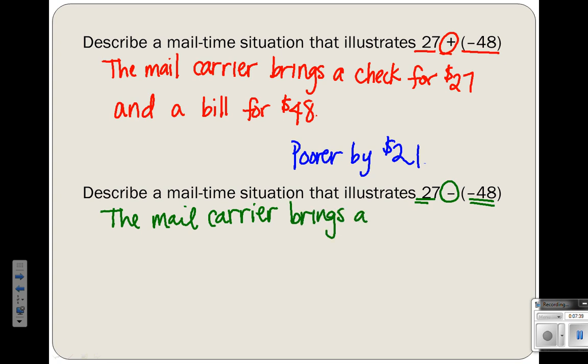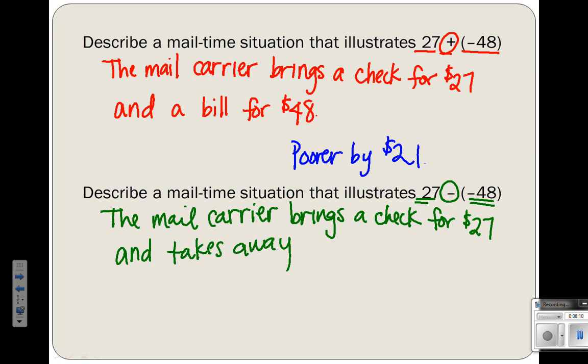So brings a check. This is a great way that you can illustrate integers, addition and subtraction in your classroom. You might not want to use super big numbers depending on what grade you're teaching, but you can have a lot of fun letting the kids bring bills and checks. You can teach them a lot. So the mail carrier brings a check for $27. The minus sign tells me he's taking away.